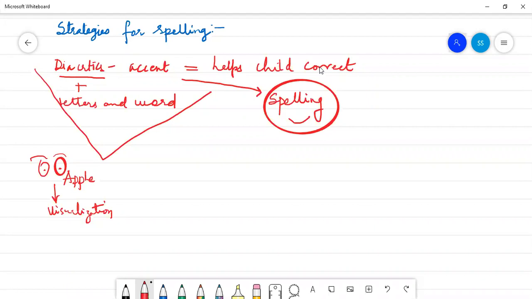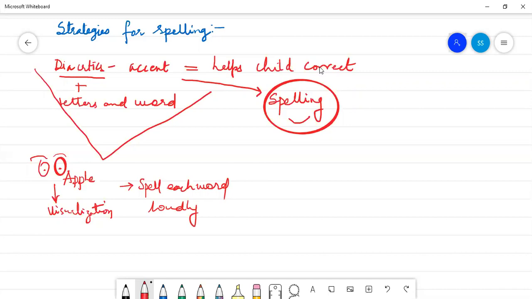Then spell each word out loudly. Once you visualize, then you need to make the child spell each word loudly.